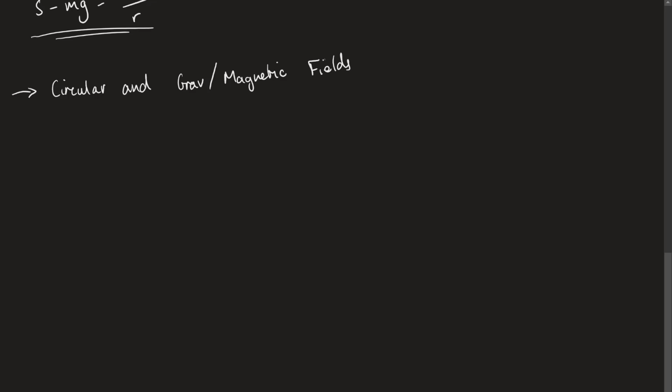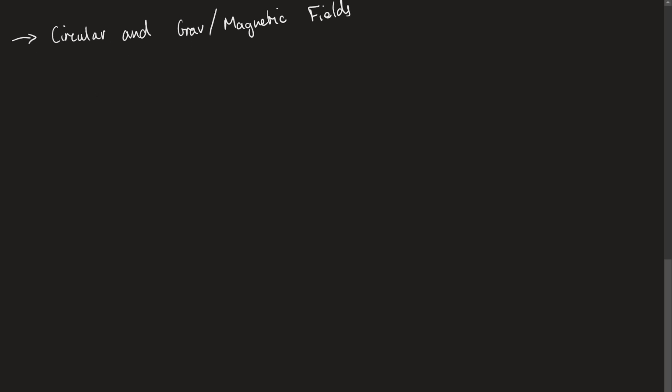But all of the derivations that you need to know concerning the magnetic and the gravitational fields I will do in those videos. So for now I'm just laying down the groundwork of the idea of circular motion, and in the videos on gravitational and magnetic fields I'll do the examples of things in orbits, or charged particles moving in circles and that kind of thing.